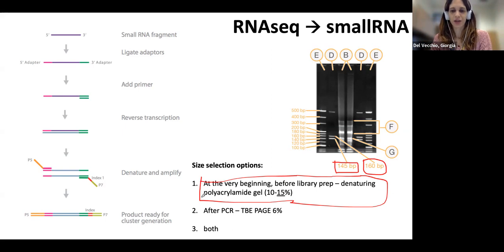We are talking about polyacrylamide gel, okay? And best of all would be running the gel twice: at the beginning, enriching for the small RNA before starting the library prep, and then again at the end to make sure that we don't have any contaminant, okay?